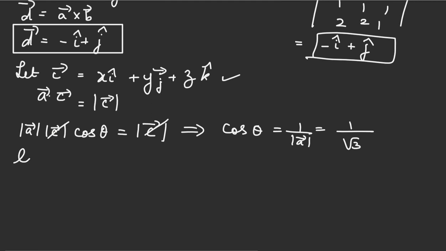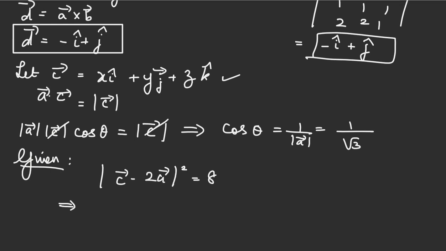Next, what is given in the question: modulus of C vector minus 2A vector whole square is equal to 8. Applying the property here, this is equal to modulus of C vector square plus 4 times modulus of A vector square minus 4 times A vector dot C vector is equal to 8.